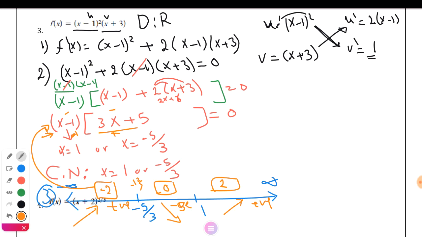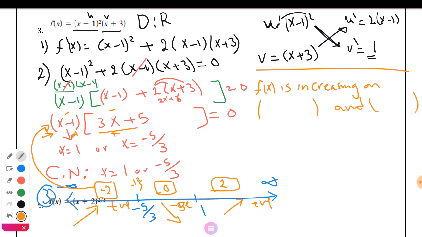Okay. Now I write where the function is increasing and where the function is decreasing. Here, f(x) is increasing on two intervals.